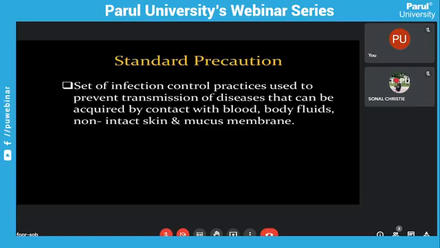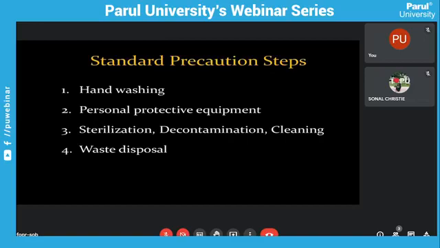Non-intact skin means an open wound from a cut, burn or abrasion or any other condition, or any kind of mucous membrane. So to stop the spread of infection through direct or indirect contact, we are using a set of activities included as standard precautions.